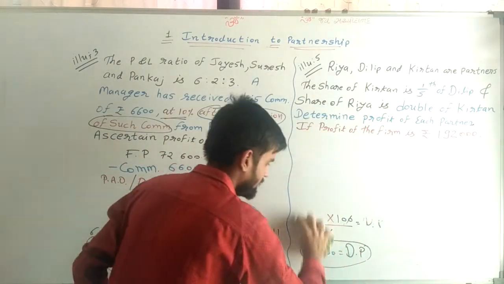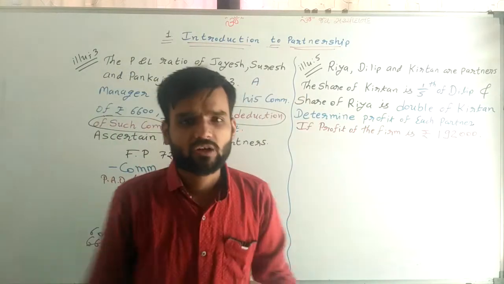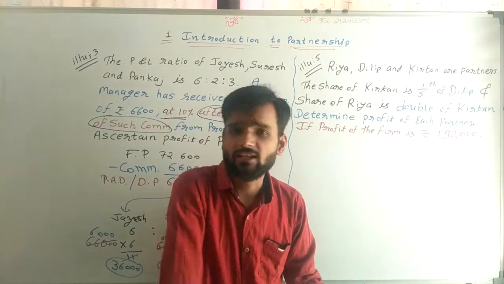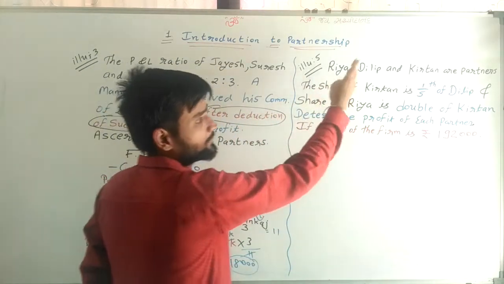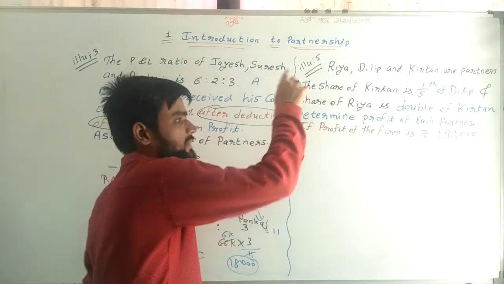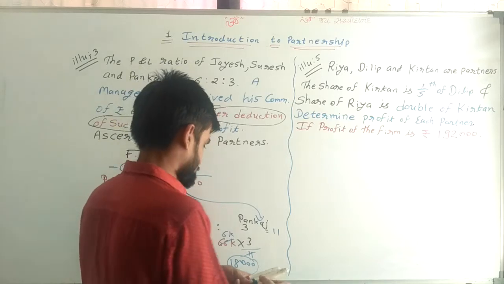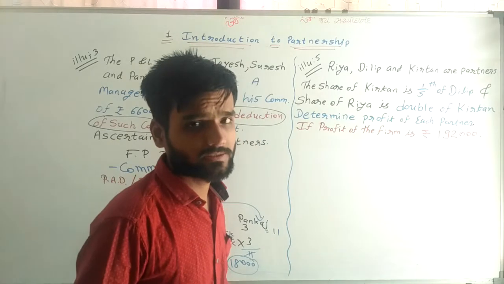And then, here we are doing illustration number 5. Now try to understand and solve it. See, Riya, Dilip and Kirtan are partners. So again here 3 partners are there. So whatever profit is there, it is distributed among these 3 partners.